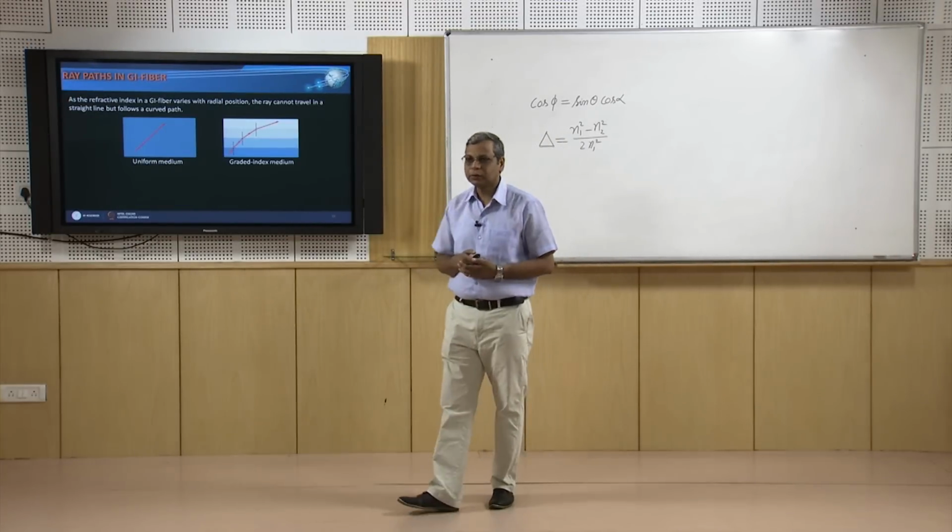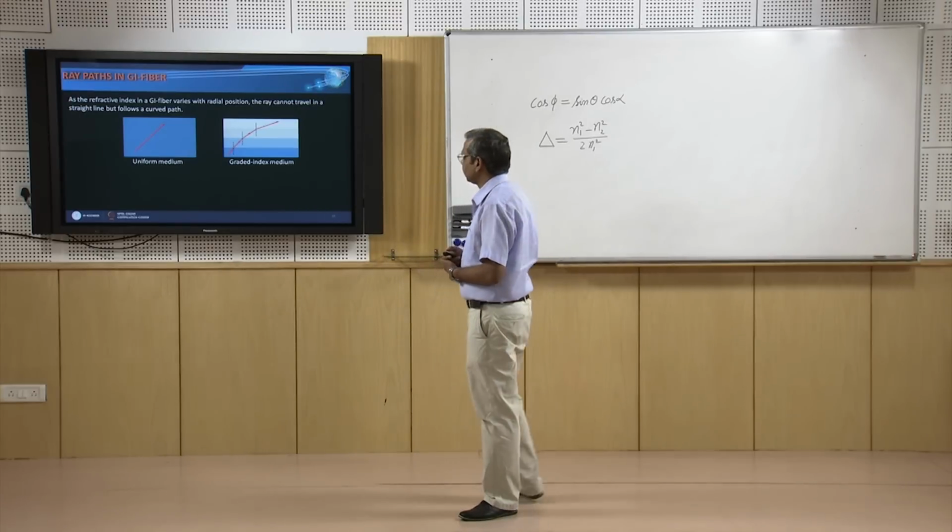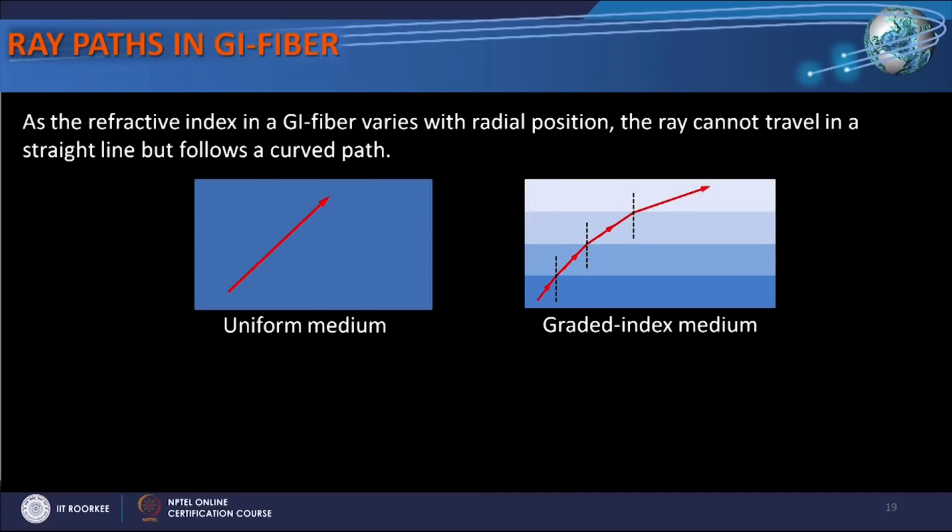How do the ray paths look in a graded index fiber? If I have a uniform medium and I launch a ray of light from here, it goes straight. But in a graded index medium, there is a change in refractive index. Here the refractive index is larger, then smaller, then smaller again. If you consider an interface here, the ray will move away from the normal, then again away from the normal, and again.